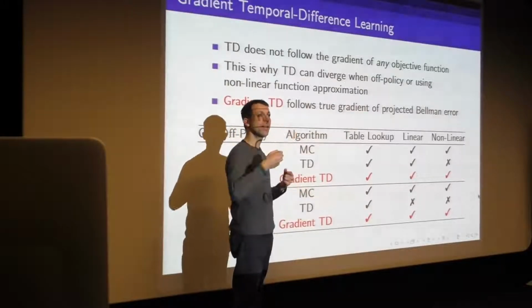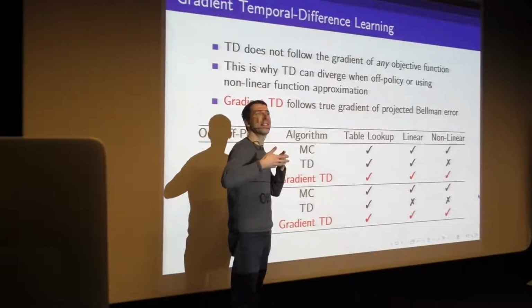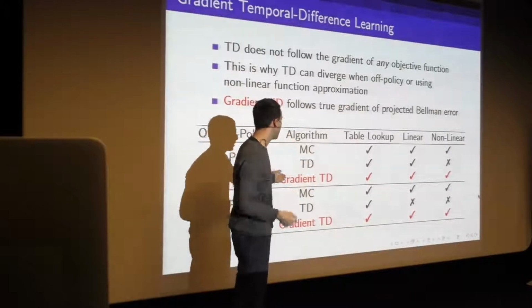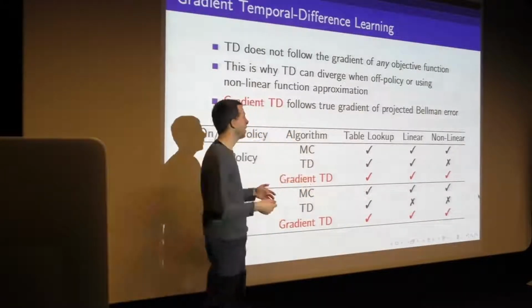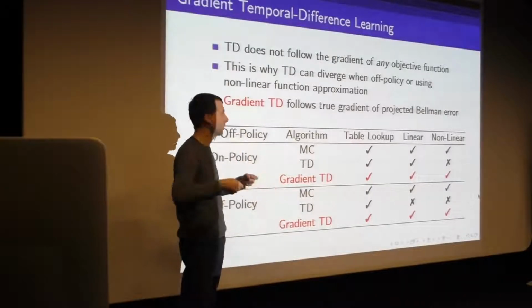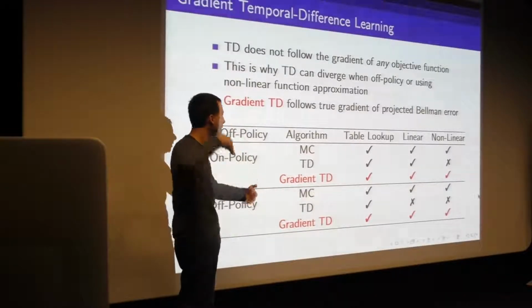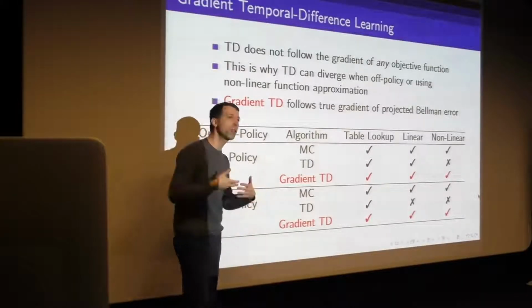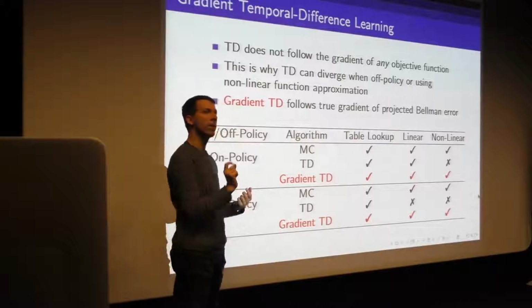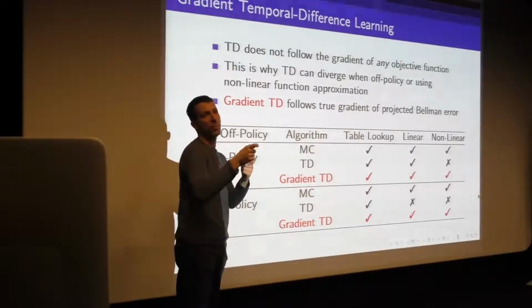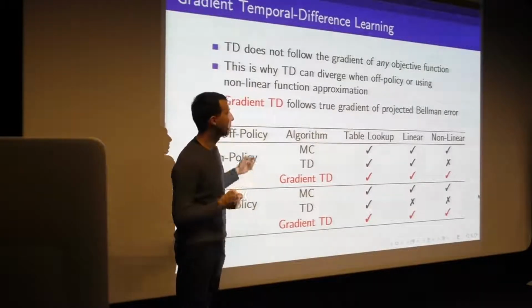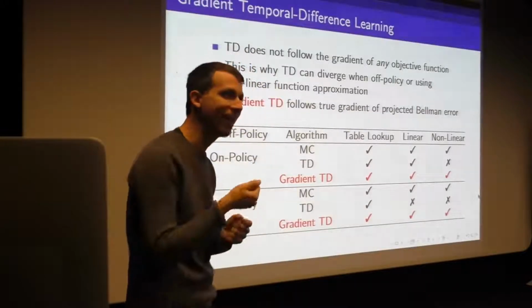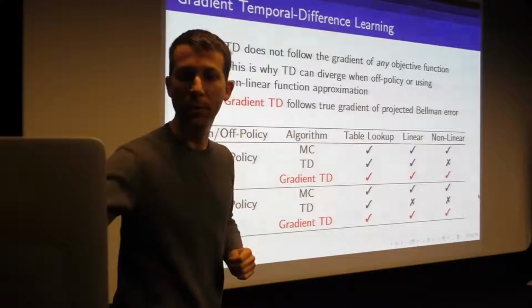Instead of doing gradient descent and then substituting in the TD target and hoping that it's still a gradient, this really follows the gradient of the projected Bellman error. That's a particular objective function. I don't want to get into the details now, but you can look it up. With just a small correction term, you end up with the same update plus one more correction term, and it fixes the problems that we see with TD learning. So you can get convergence, but you have to be a little more careful with TD.